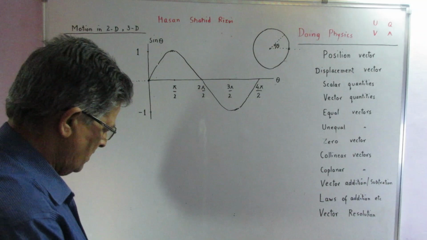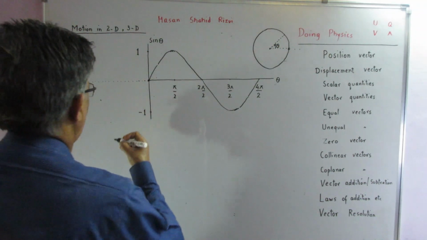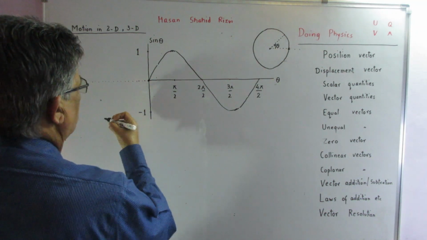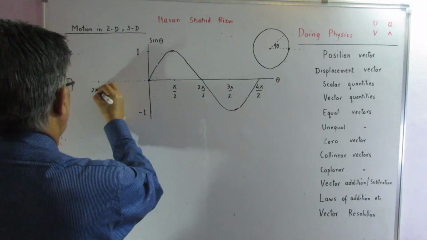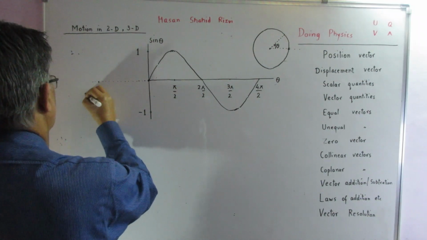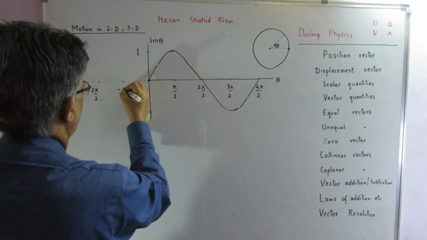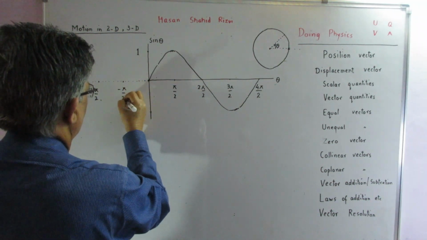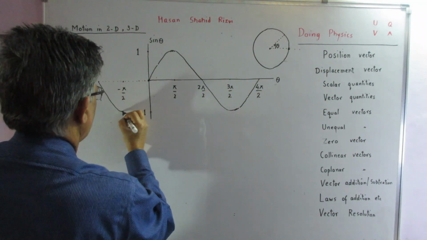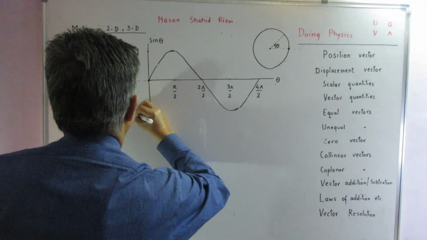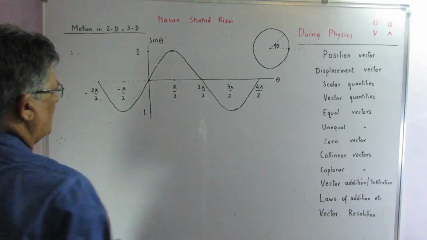Now if I go in the negative direction of theta, this is 2 pi by 2, of course this is minus, and this is minus pi by 2, and what we will find is that the curve will go something like this.